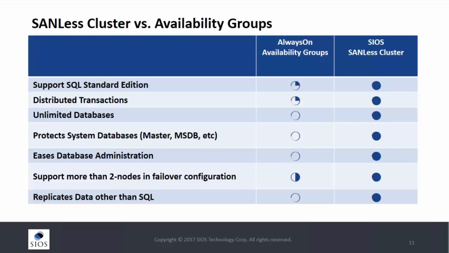As we mentioned at the beginning of the webinar, if you've got critical workloads, and for example your data is SQL, but there's also some other piece of what you're holding on-premise, and you're trying to understand how to make that highly available, what options are there for replication of that back-end piece, or for my particular environment's very special needs for data to be synchronized between nodes in the cloud? SIOS's SANless solution allows you to replicate data other than SQL as well.